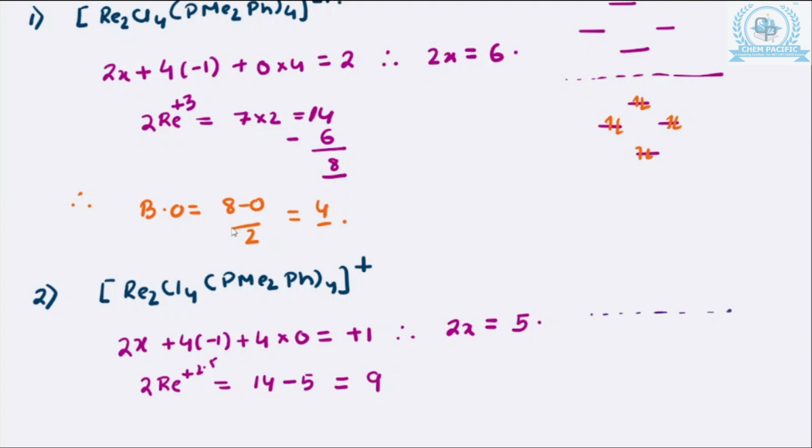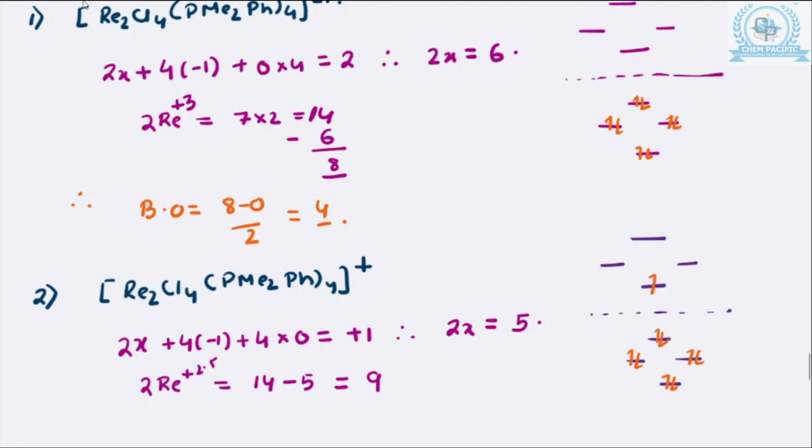This is the barycenter, you have the sigma bonding, then the pi bonding, then the delta, you have the delta star, pi star and sigma star. Now let us fill them up.